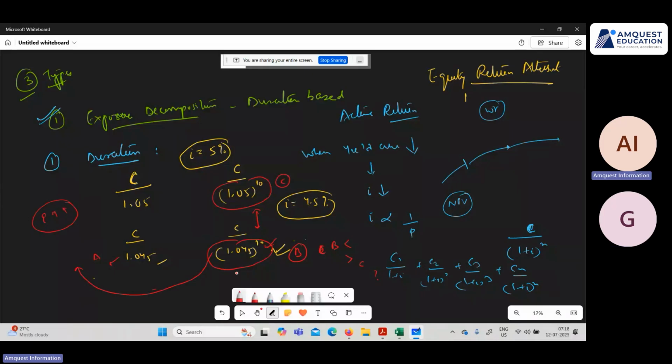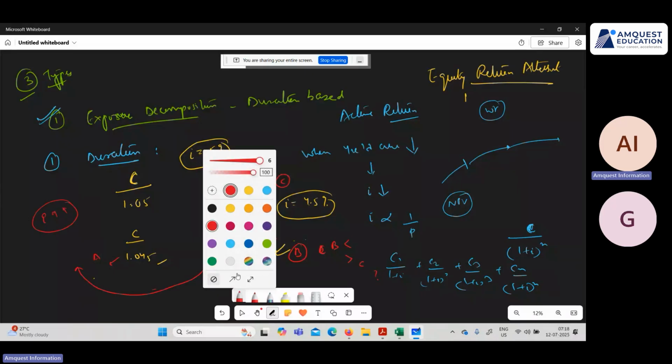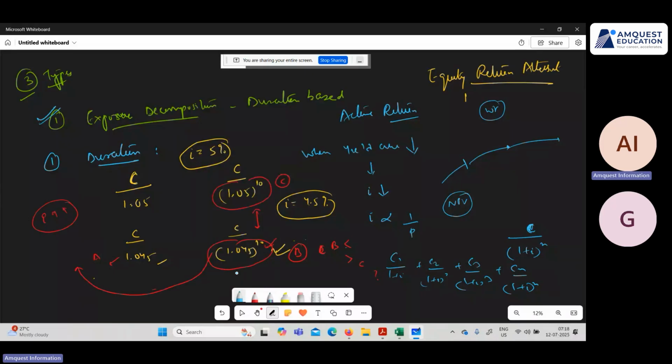Long story short is that if you are investing into long-term bonds, basically long-term as in duration, if you are investing into long duration bonds, let's say 10 year, 15 year, 20 years, the change in the interest rate has a high sensitivity. Why high sensitivity? Because of the power. Correct?